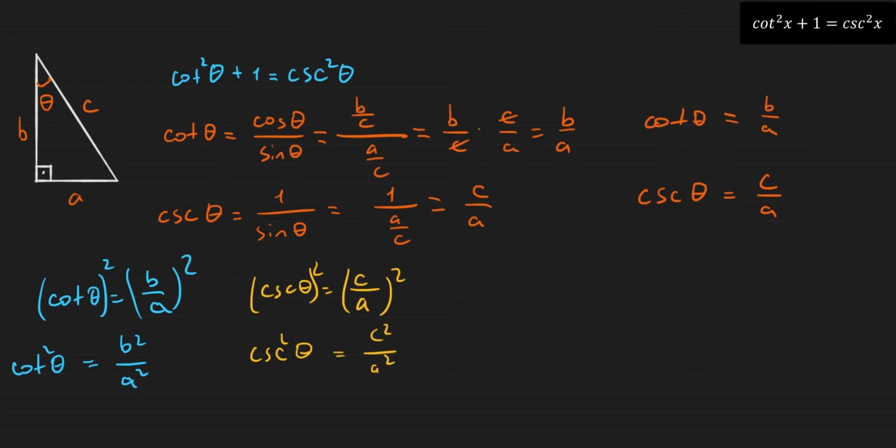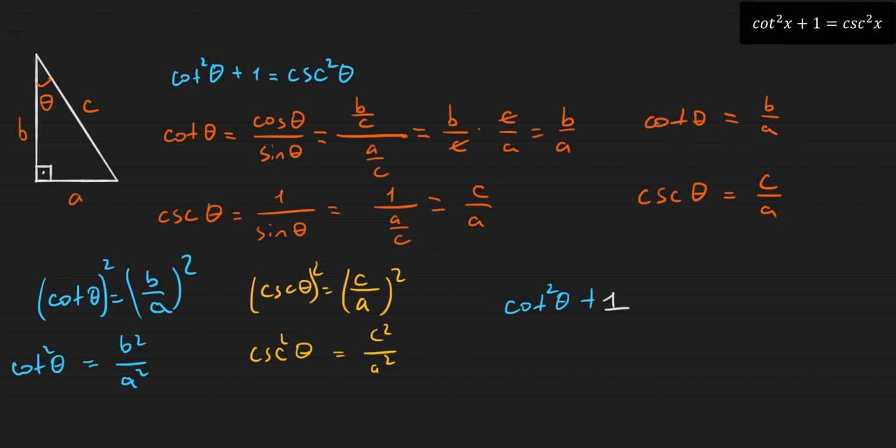And we have to know what cotangent theta squared plus 1 is. So we have to prove this. I'm just copying the left side of the equation.